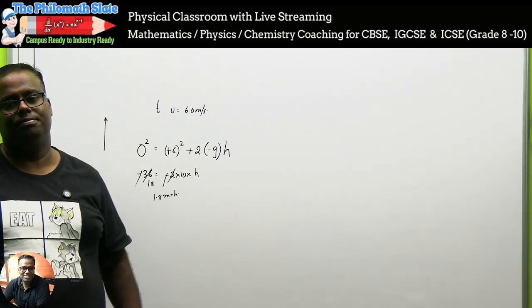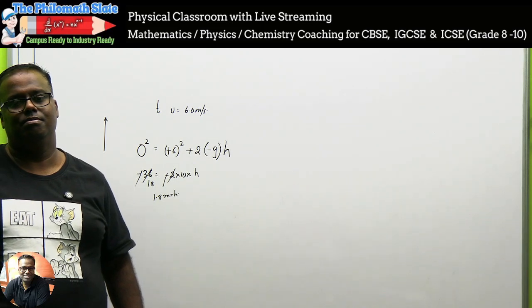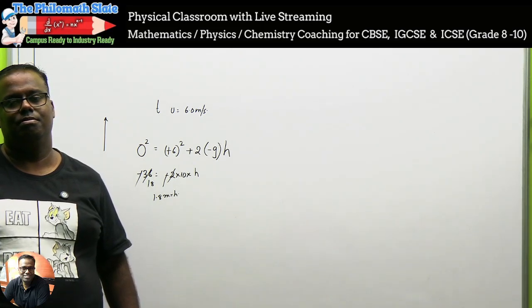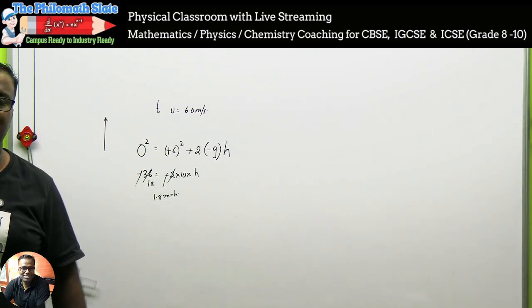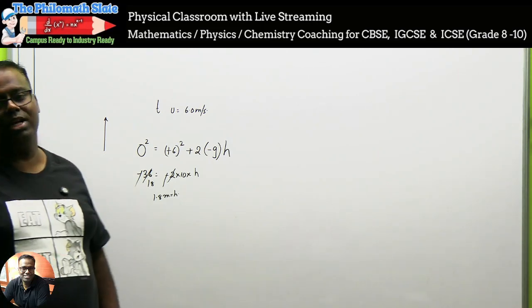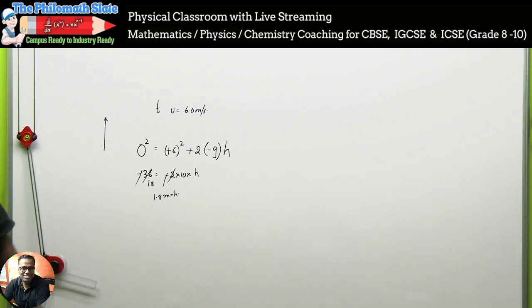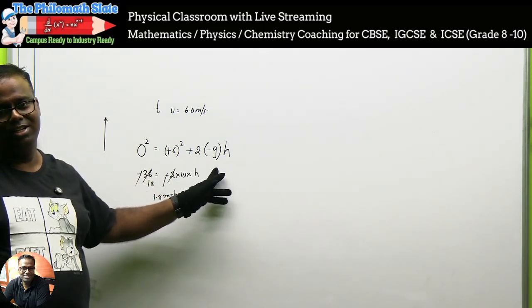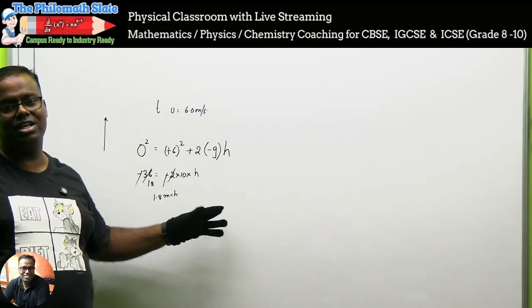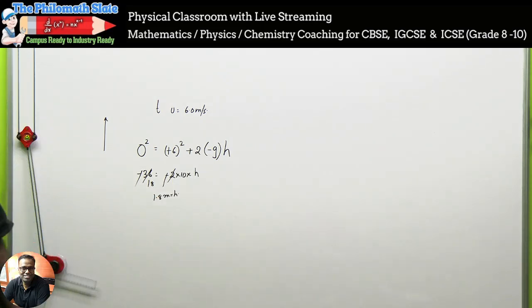In practice, she travels through a slightly smaller distance than the distance calculated. Why is this? In practice, she will go less because this problem is not taking air resistance into consideration. Air resistance will be there, drag will be there.